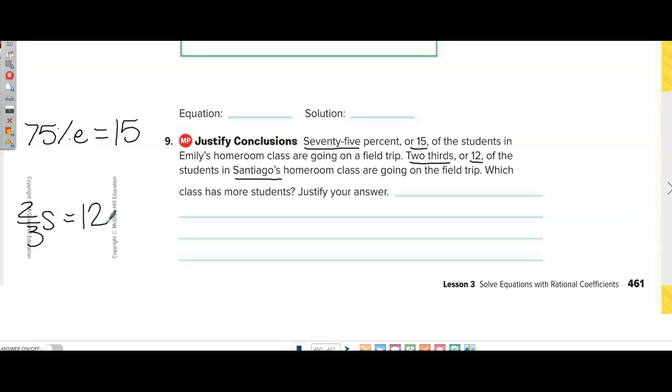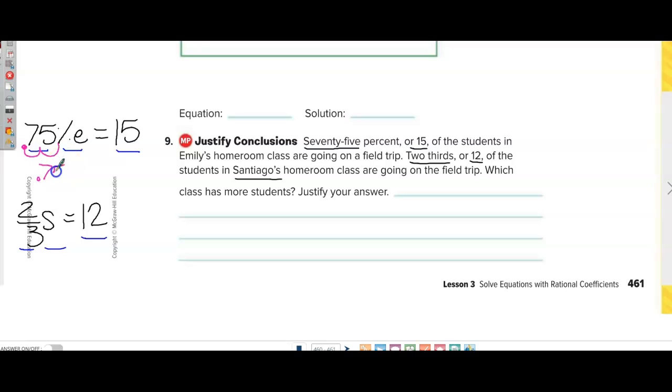We could also think of this as our percent times whole equals part, or part equals percent times our whole number, because we could turn 2/3 into a percent, but we're not going to in this case. All right, so going back to solving. First of all, in the top one, we're going to want to change 75% into a decimal, so I need to move it 2 places.